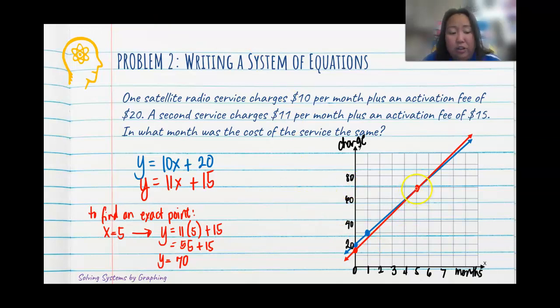They actually intersect at that point. So what does that mean? After 5 months, both services will charge $70. That is when both services have the same price.